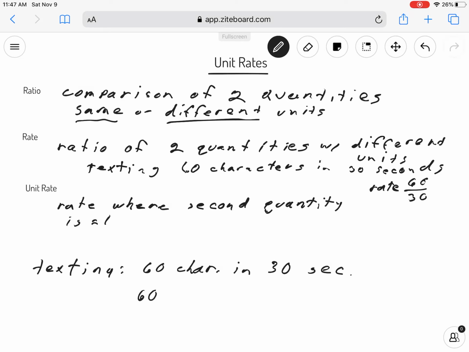So we can get to a unit rate by dividing both the numerator and the denominator by the quantity of the denominator, in this case 30.